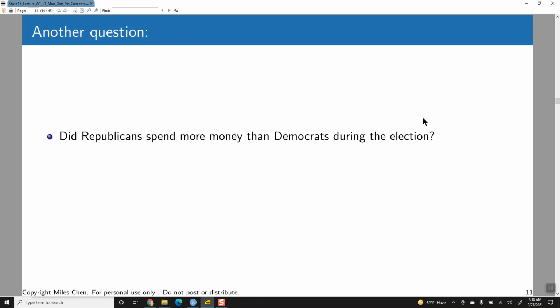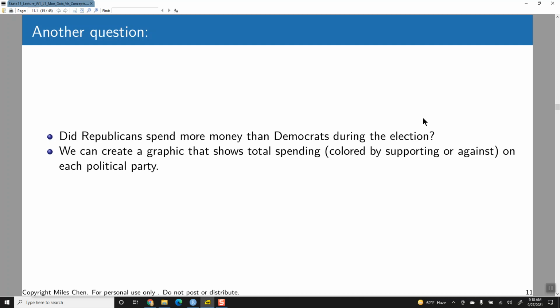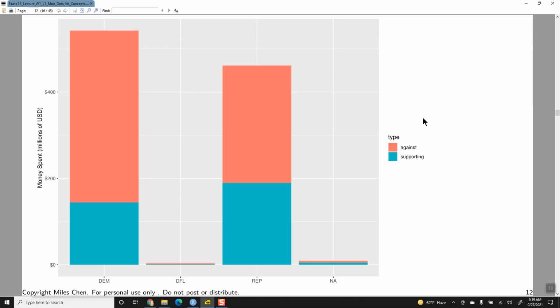All right, and then there's another question, just overall in the election: did Republicans spend more money than Democrats during the election? What we can do is look at the graphic that shows total spending supporting or against each political party. There are a few different parties, but we can see Democrats, Republicans, DFL, which is the Democratic Farmer Labor Party, something like the Democratic Party, and then some other parties that we just put as NA.